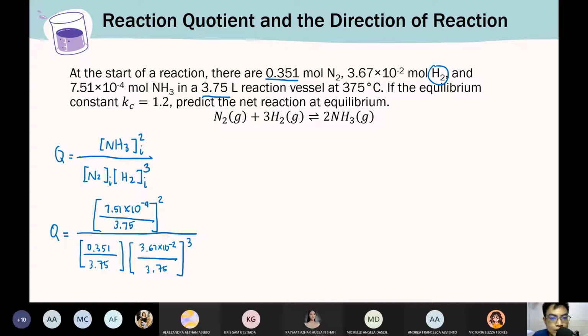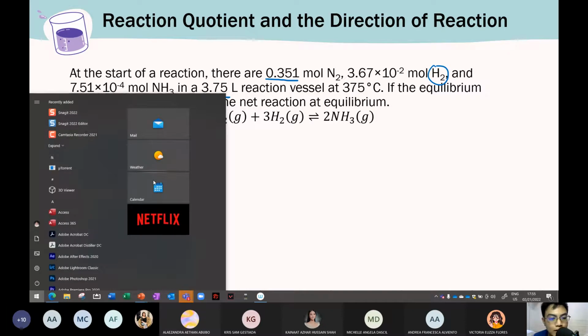And for hydrogen gas, it's 3.67 times 10 raised to negative 2 divided by 3.75. And of course, do not forget the exponents. Nakalimutan natin to last time. So, 2 and 3. So, ano na gagawin? You use your calculator. So, let's use the calculator.